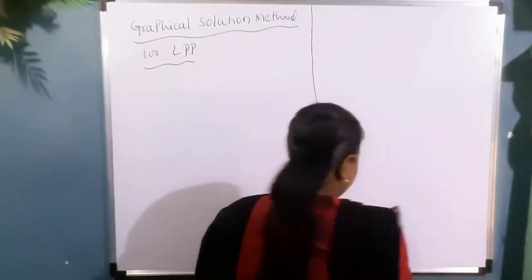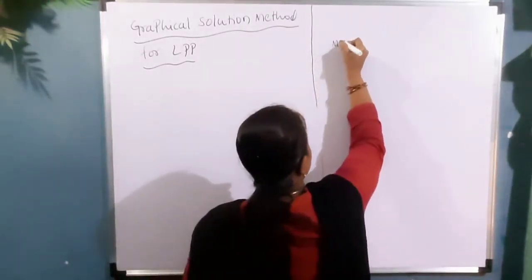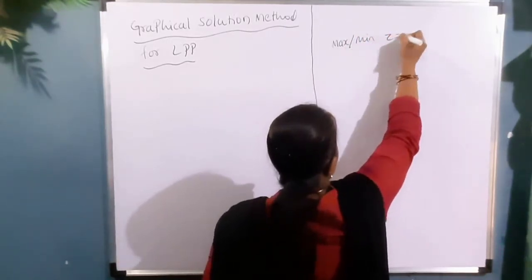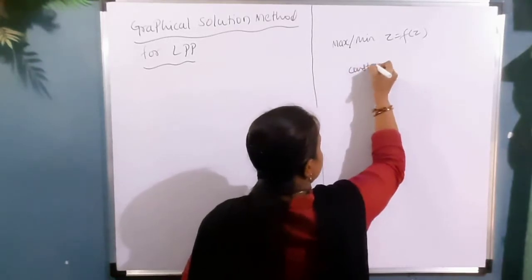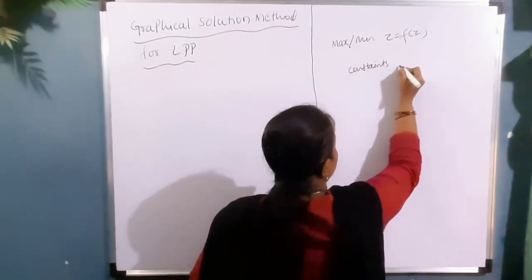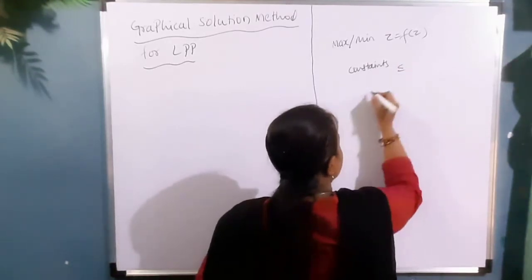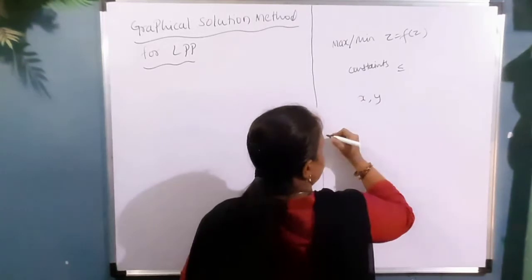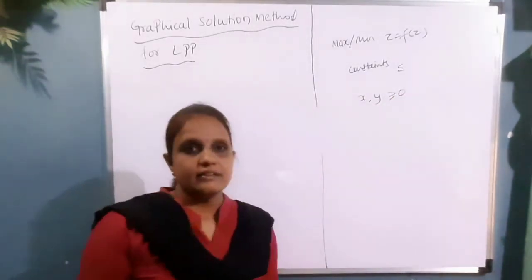Suppose we have one problem: maximize or minimize z equal to some function. Then we have constraints, suppose first less than or equal to. Then non-negativity, where x and y are two variables greater than or equal to 0.